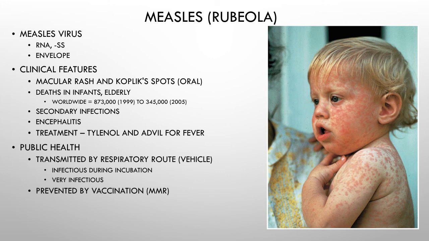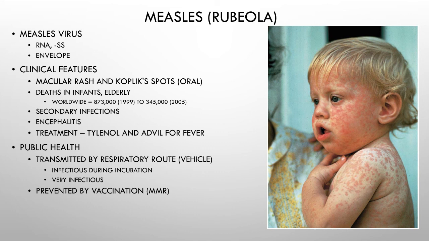It's extremely infectious. It can lead to secondary infections of the respiratory tract. It can lead to encephalitis. Most children will recover from this, but if adults get measles, it's fairly serious, and so more of a problem.